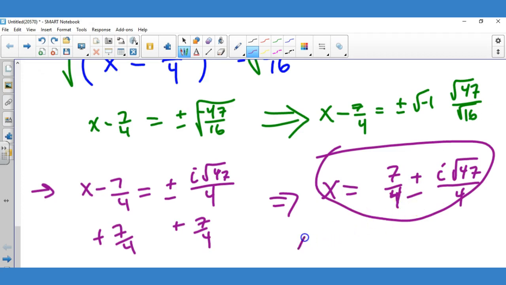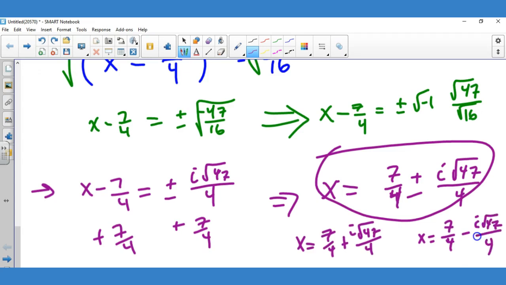You have x equals 7 over 4 plus i square root of 47 over 4, and you have x equals 7 over 4 minus, that's the plus or minus, i square root of 47 over 4. All right, so there we go, 2 answers.